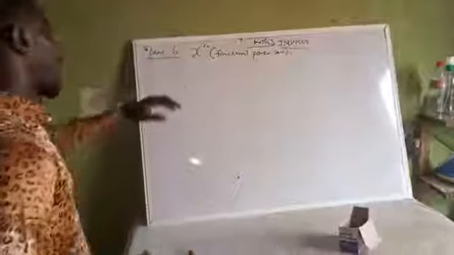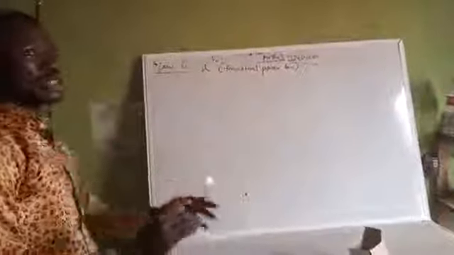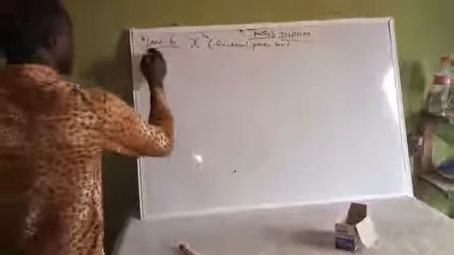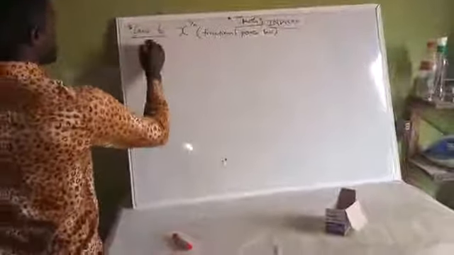Now I'm going to explain this law 6. I'm supposed to take law 6 and law 7 together, but I'm going to split them for better understanding. Before the example, let's solve further this law.